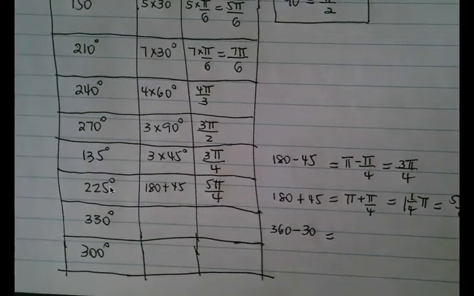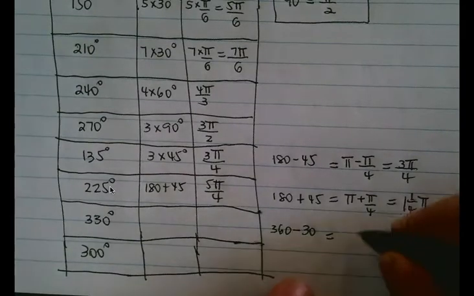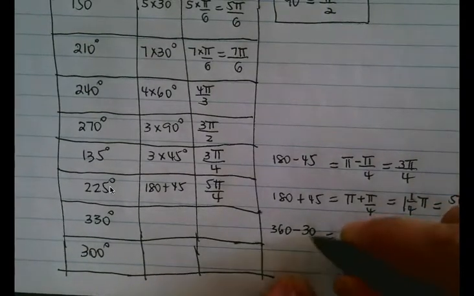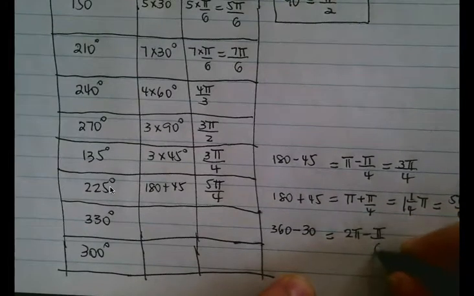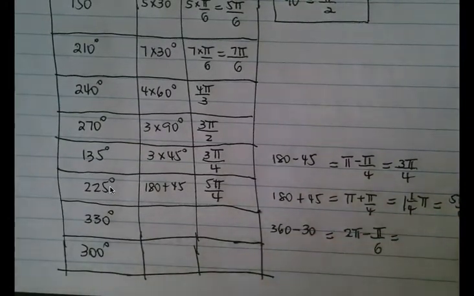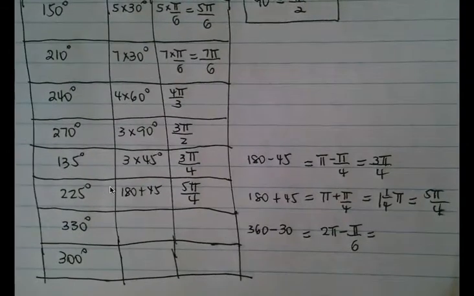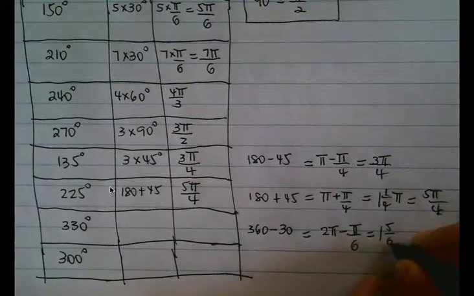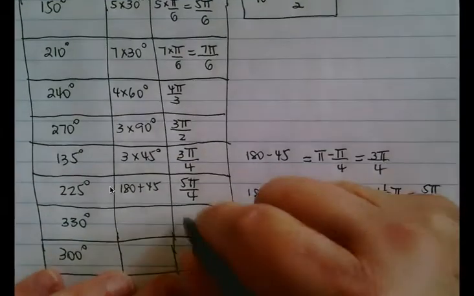Now, what's 360 in radians? 2 pi minus, what's 30 degrees? Pi on 6. So that's 2 minus 1/6. In terms of fractions, what's 2 wholes minus 1/6? Isn't it 1 5/6? Which we don't write like this. It's 11 pi on 6.